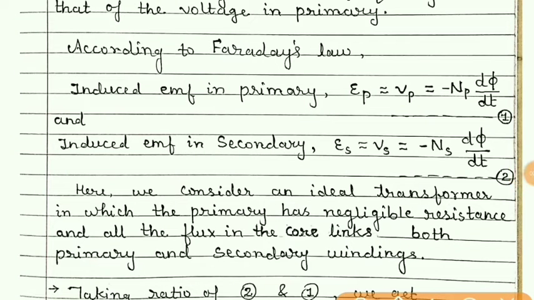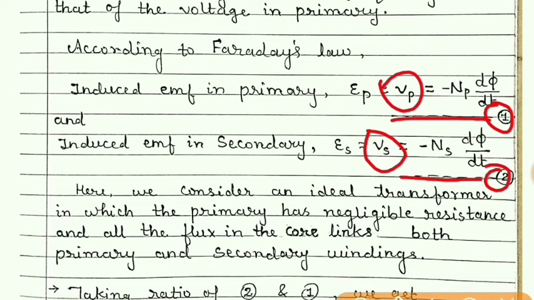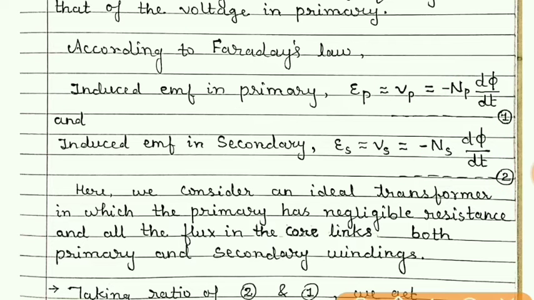Now taking the ratio of equation number 2 and equation number 1, we'll get Vs upon Vp is equal to this term upon this term. When we take the ratio, you can see this is common, so they will cancel out.